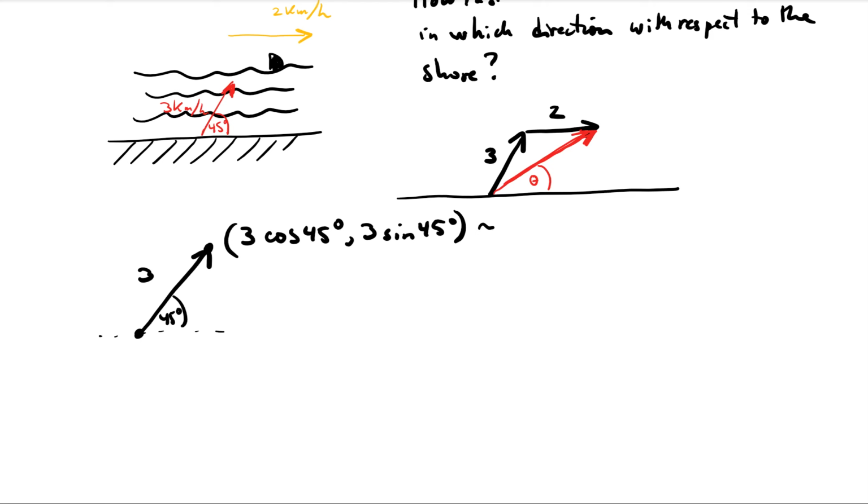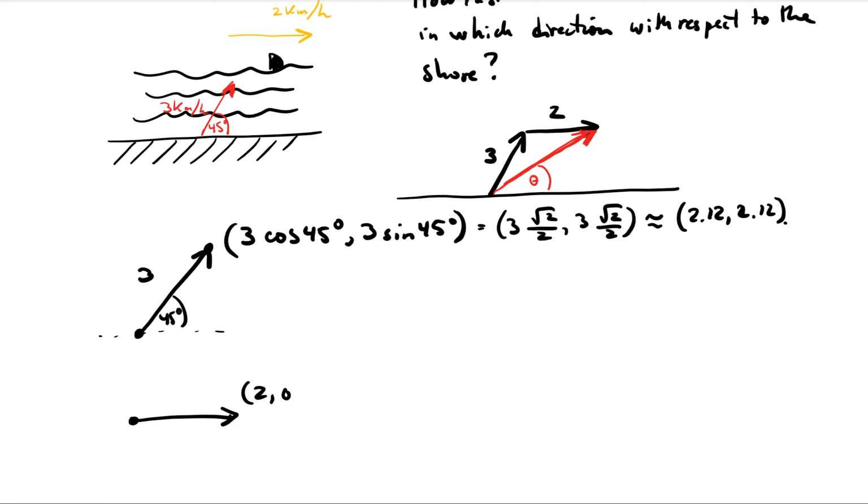This is 3 root 2 over 2, 3 root 2 over 2, and approximately this is 2.12 and 2.12. For the other vector, it's much easier because the current's just like that. So obviously, if it starts at 0, 0, we go forward by 2, and we don't go up at all. So it's just 2, 0.